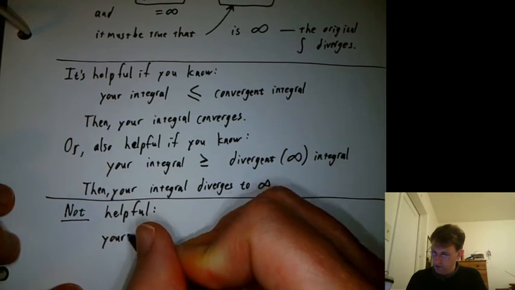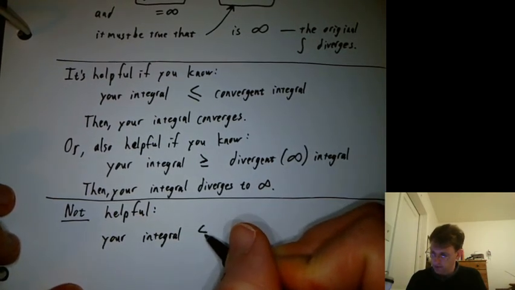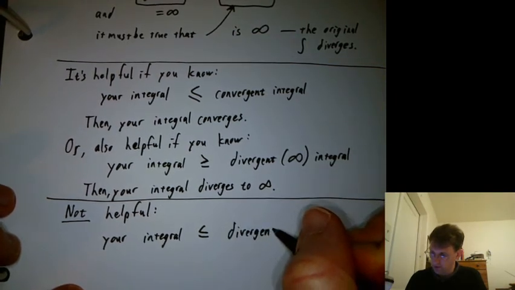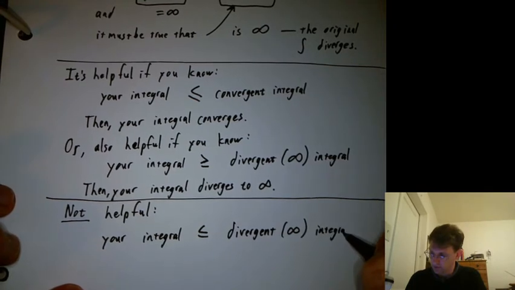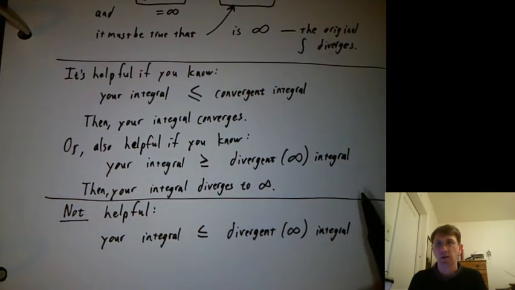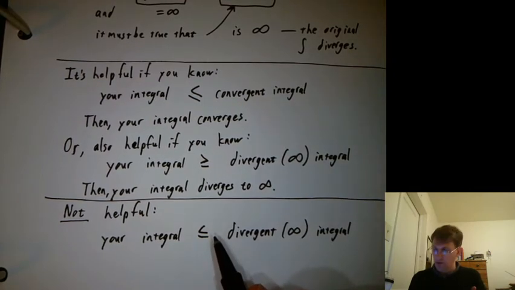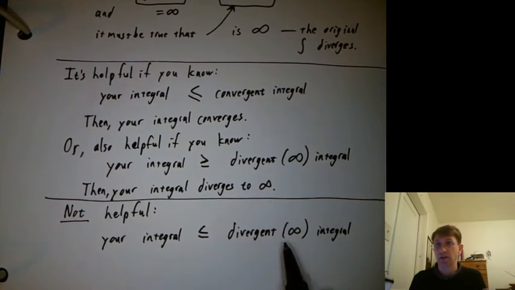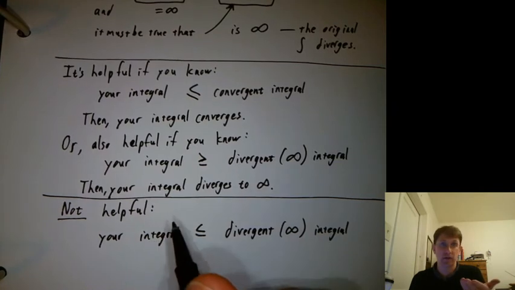What if your integral is less than or equal to a divergent integral? Does that help? Well, even if it's strictly less than, this divergent integral might be a kind of bigger infinity than your integral might be, so your integral could still be infinite.